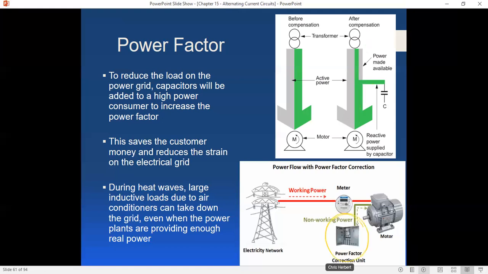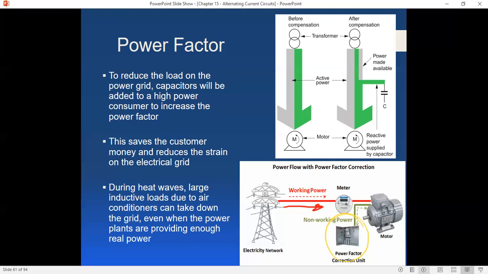And these power factor correction units really reduce the amount of power that we require on the grid, because again, the power companies just want to send the energy out. They don't want the energy coming back toward them because it doesn't help them.